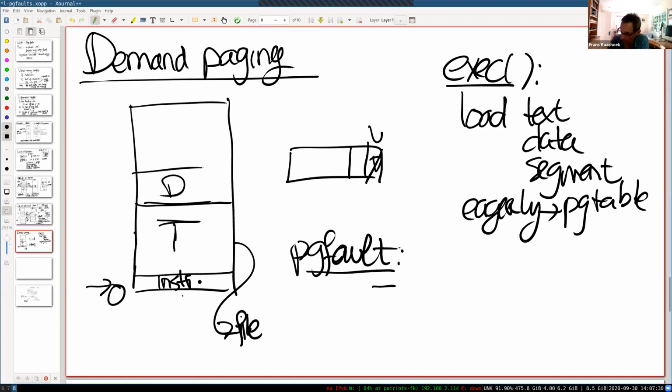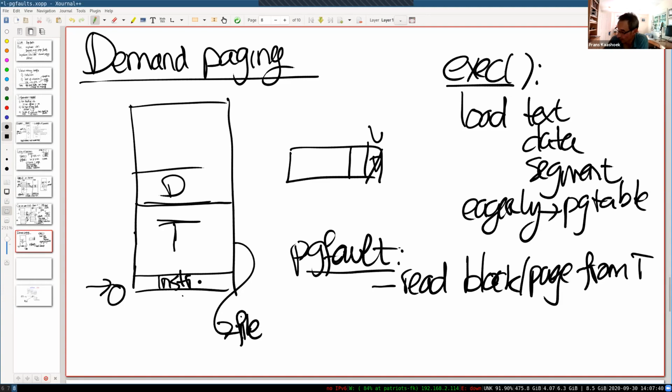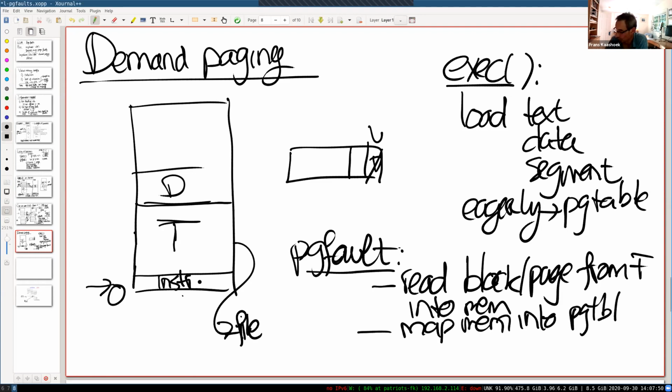And what we're going to do in the page fault handler is read that block or page from the file into memory, map that memory into the page table, and restart the instruction. And then we're off and running, right?